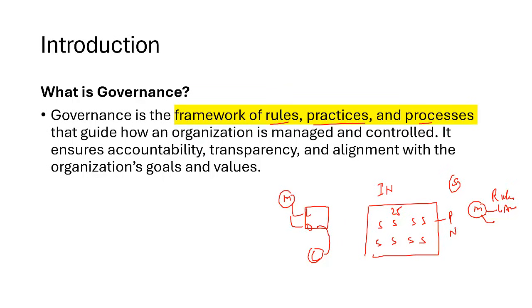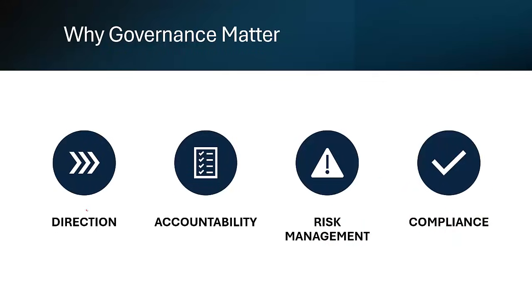So now the question is, why does governance matter in the organization? The first and biggest reason is direction. When you're talking about governance, governance sets the organization's goals and its strategic direction.